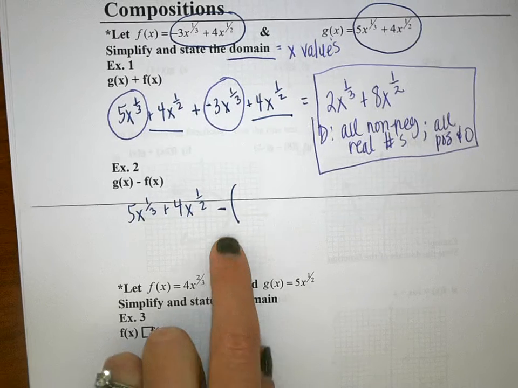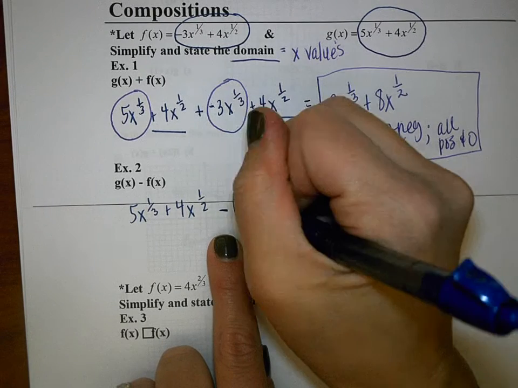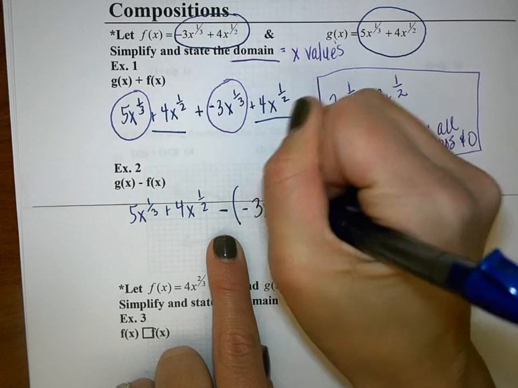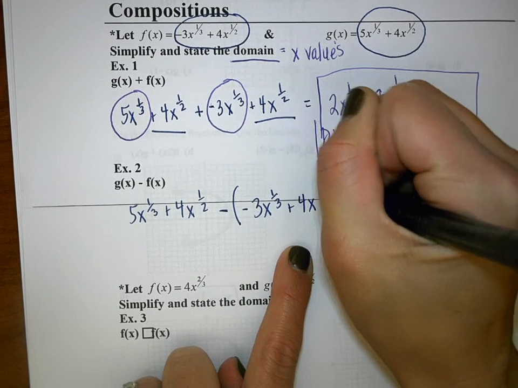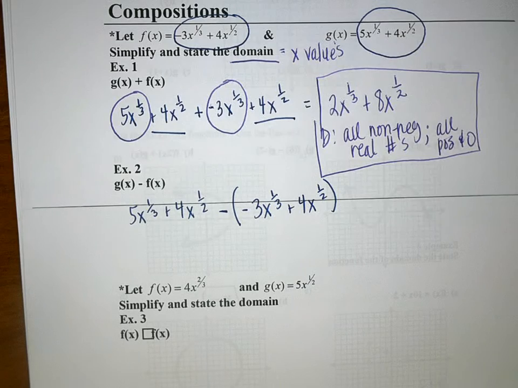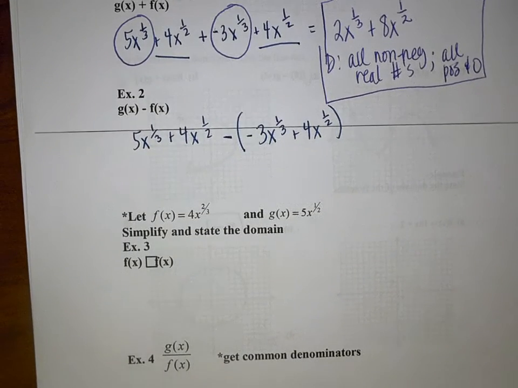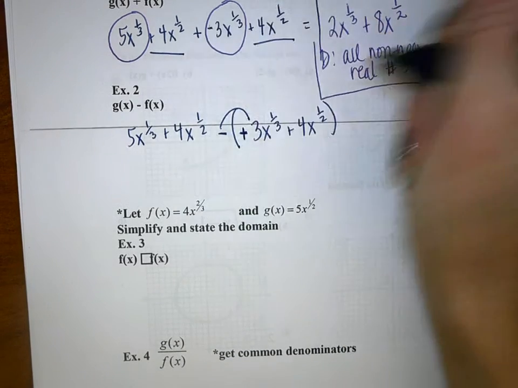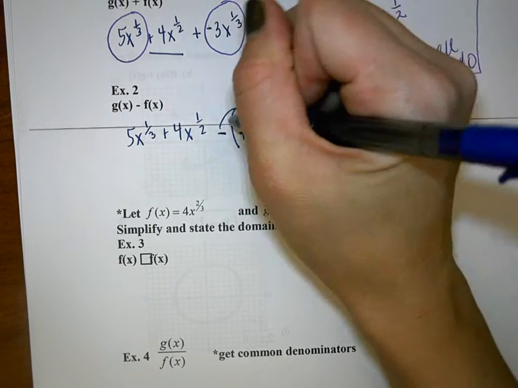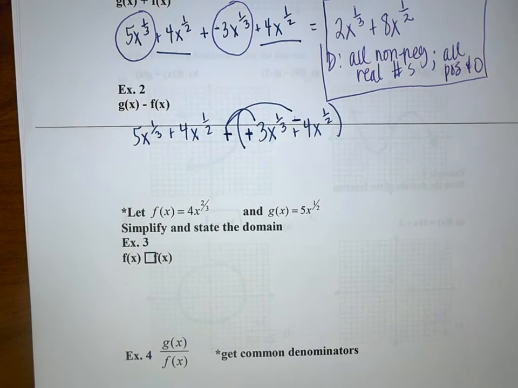Now I have to write this in parentheses because we're going to end up distributing the negative through. So I have negative 3x to the 1/3 power plus 4x to the 1/2 power. We go ahead and distribute the negative through there. When I do that, this negative becomes a positive, and this positive becomes a negative. And then this changes to a plus sign.